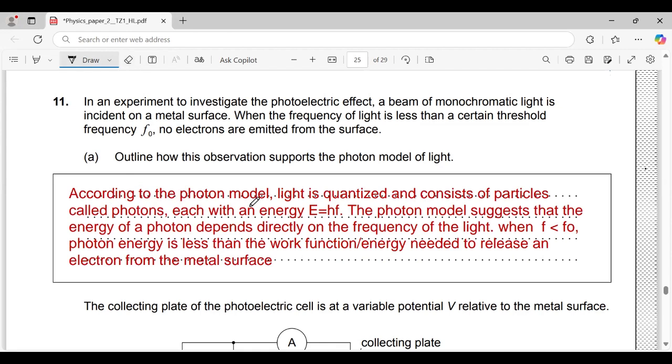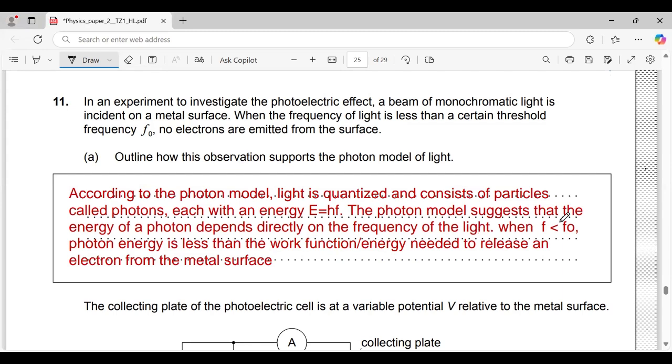According to the photon model, light is quantized and consists of particles called photons, each with an energy E equal to h times f. The photon model suggests that the energy of a photon depends directly on the frequency of the light.